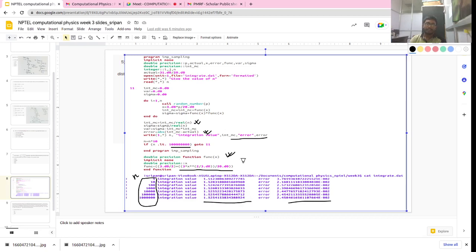This is the reason Monte Carlo simulation is used for multidimensional equations or multidimensional integration. Here the dimension of the integration is just 1. So in those cases the trapezoidal rule or the grid based methods are the best, because they give very small error, and Monte Carlo simulations can be used for multidimensional integrations.